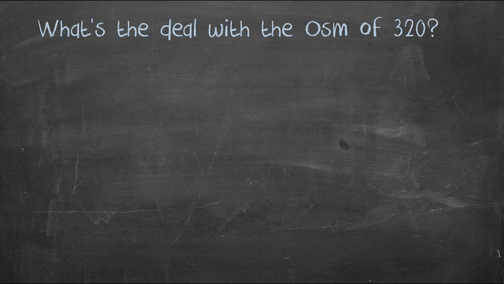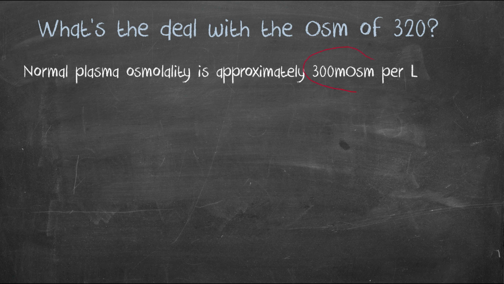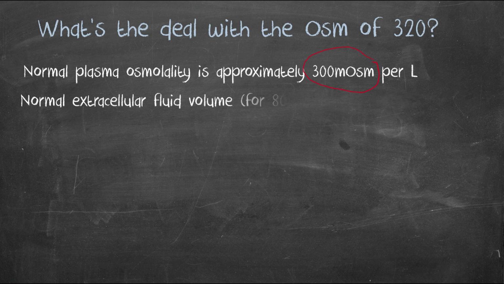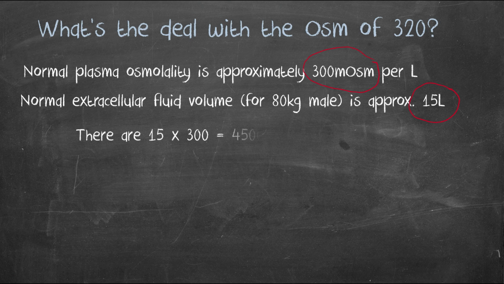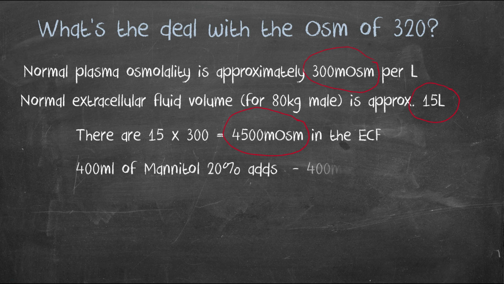The normal plasma osmolality is approximately 300 milliosmoles per litre. The normal extracellular fluid volume for an 80 kilogram male is about 15 litres. So if you look at 15 times 300, you end up with 4,500 milliosmoles in the extracellular space. 400 mils of mannitol, 20%, adds 400 mils to the extracellular fluid and 440 milliosmoles.